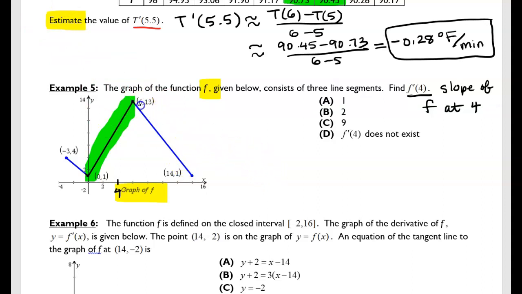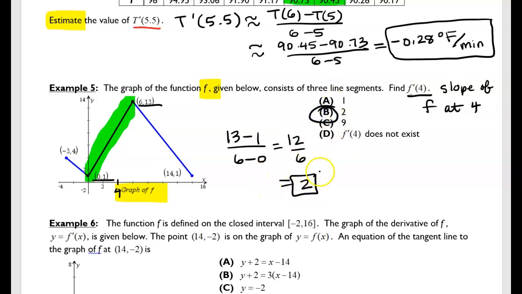And so I'm just going to use those points. 13 minus 1 over 6 minus 0. That gives me 12 over 6, which is 2. And so my derivative f prime of 4 is 2. So when I look at the graph of f, if I want to find the derivative, it is just the slope of the graph.